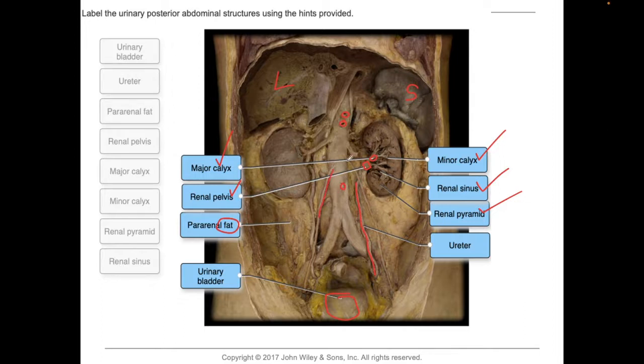Here are the gonadal arteries, either testicular or ovarian, because it's hard to tell which one this is, male or female here. Here's the renal arteries. Here are the common iliac arteries, and of course, abdominal aorta. This right here is the inferior vena cava.